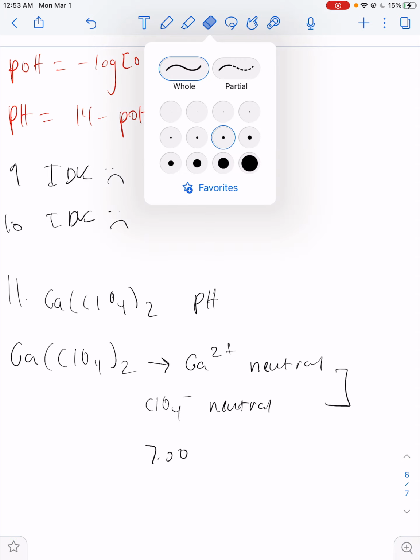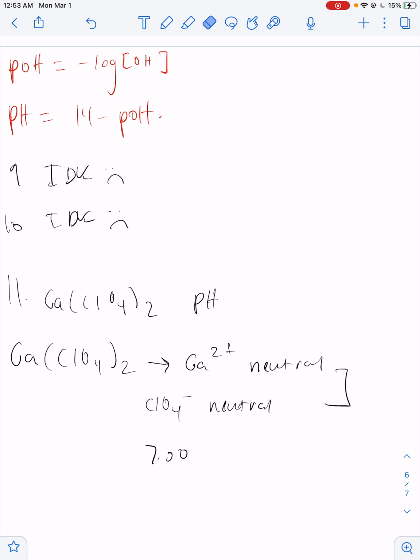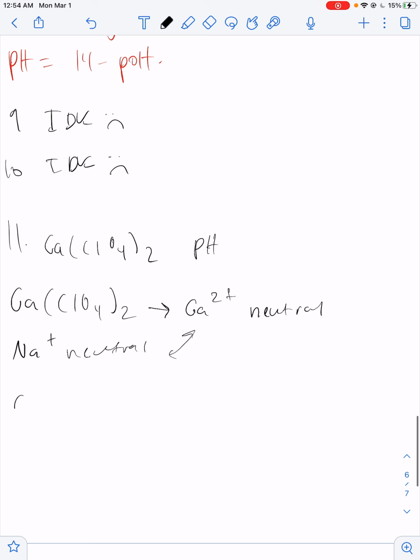Sorry, that's wrong. So yeah, this first part is right. It's going to first dissociate into Ca2+, which is always neutral. Any ion like this is always neutral. And then we have ClO4-, and we want to see what that's going to give when we add H2O to it.